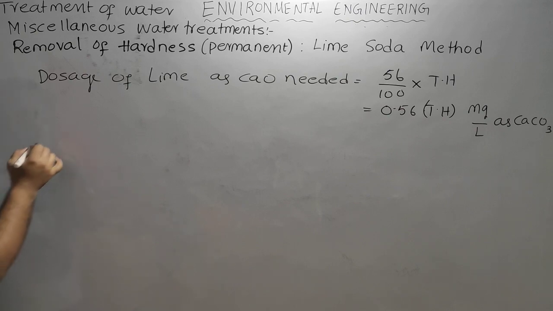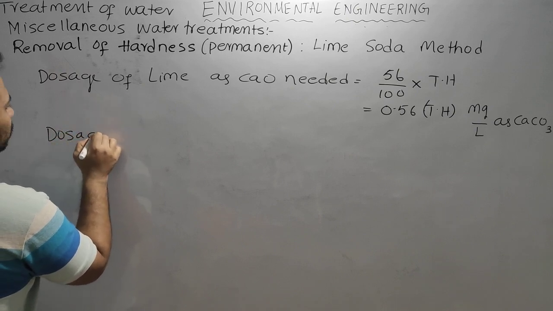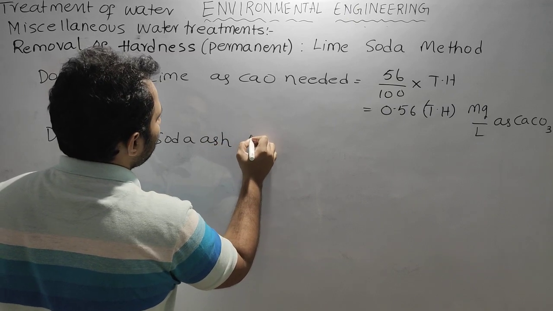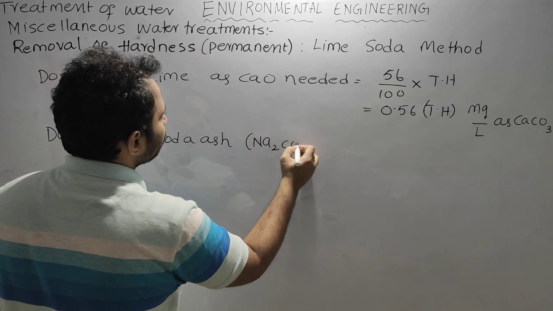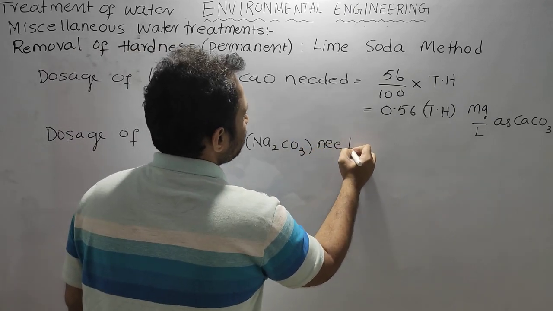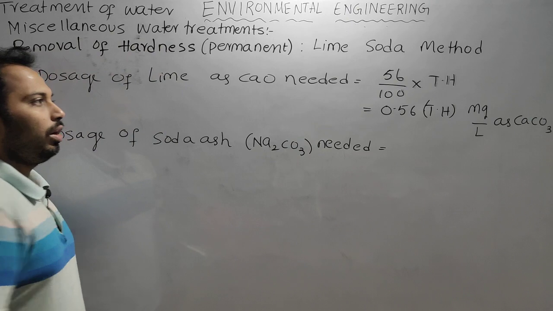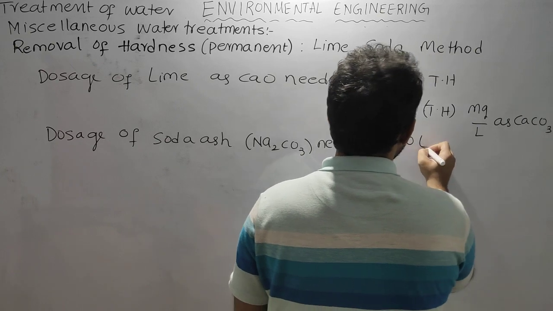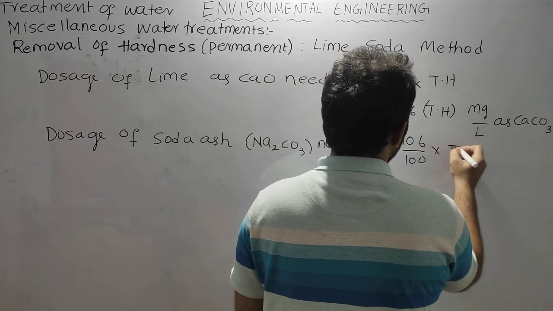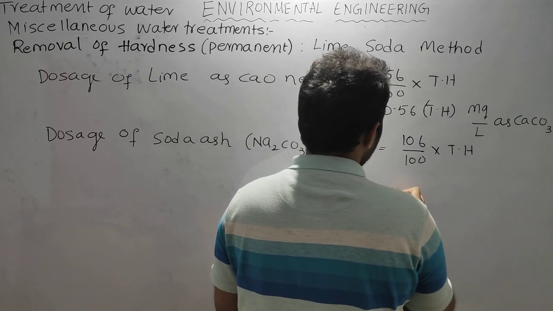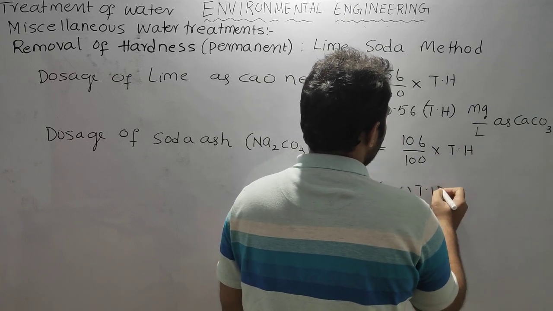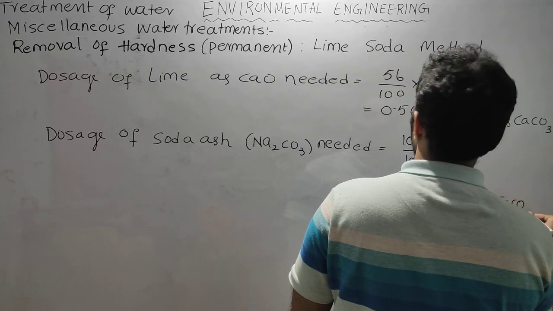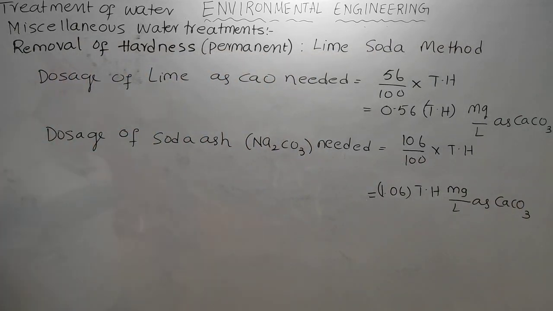The dosage of soda ash needed is equal to, the molecular weight of soda ash being 106, 106 by 100 multiplied with the total hardness, or we can call it 1.06 times the total hardness in mg per liter as CaCO3. So this is the dosage of soda ash needed.